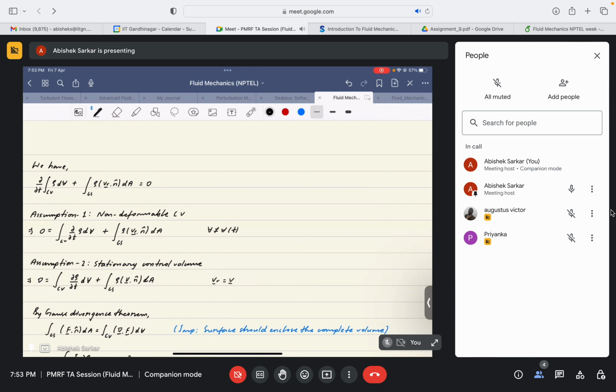V changed with time. But now we have explicitly mentioned that it is a non-deformable control volume, and that's why the volume of the control volume does not change with time, and that's why we can take this time derivative inside the integral.